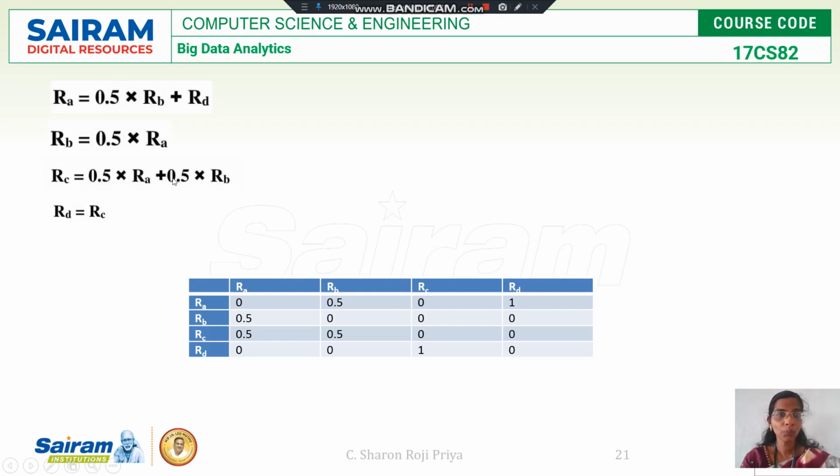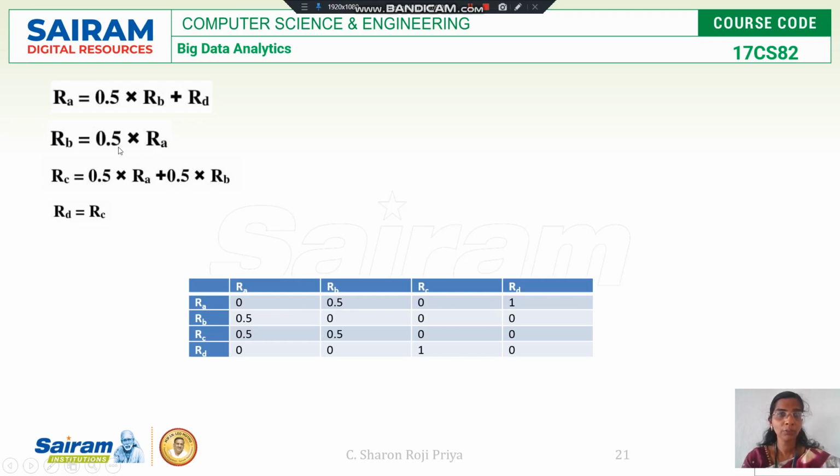Now we have to write this matrix, this table. How am I going to write all the nodes row-wise and column-wise? Take the first equation. B is 0.5 and D is 1, rest A and C are 0.